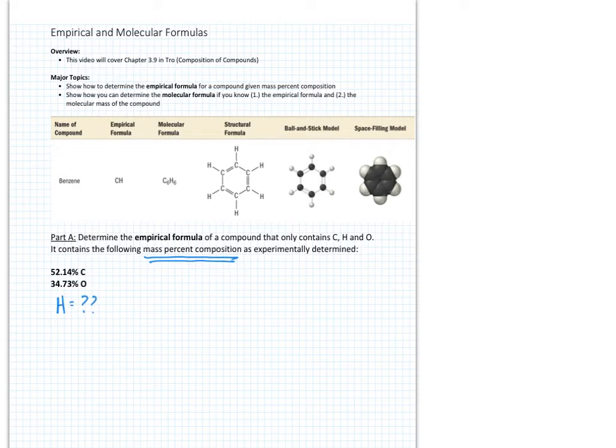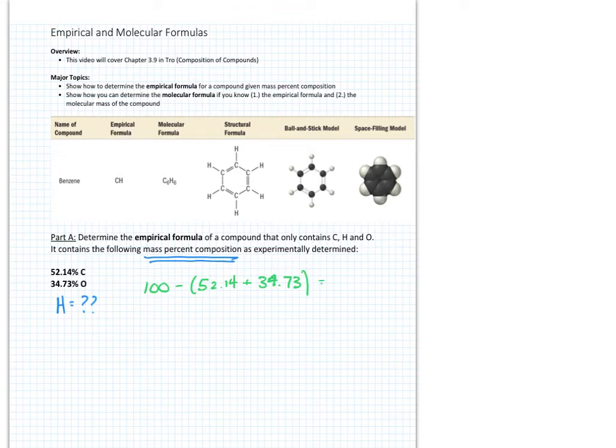That's actually pretty easy to determine. We know that this compound is made up of 3 different things. We also know that we're given the percentages of carbon and oxygen, so hydrogen must be whatever the difference is from 100%. So we have 100 minus 52.14 plus 34.73.